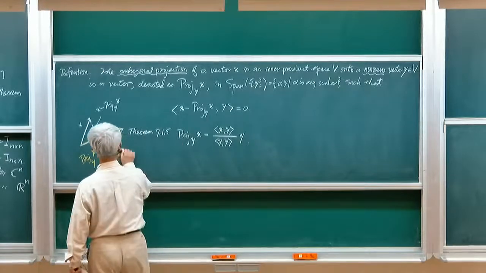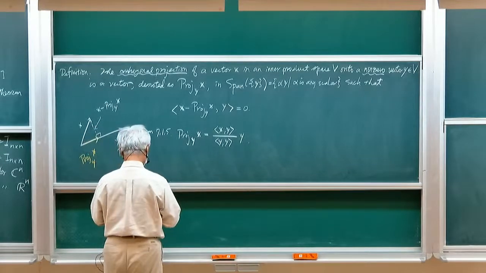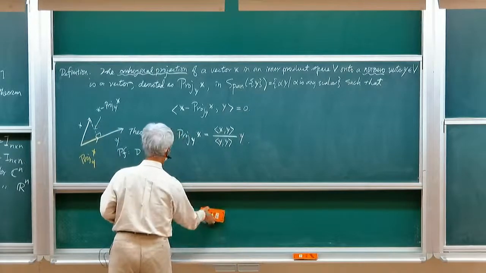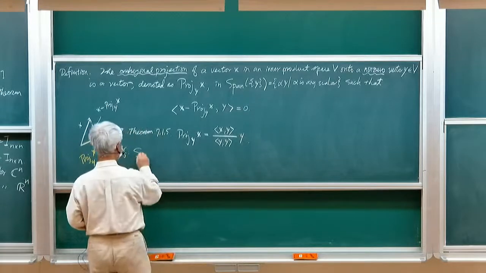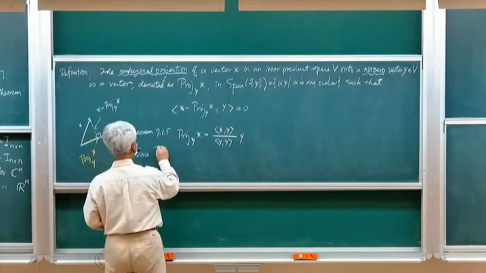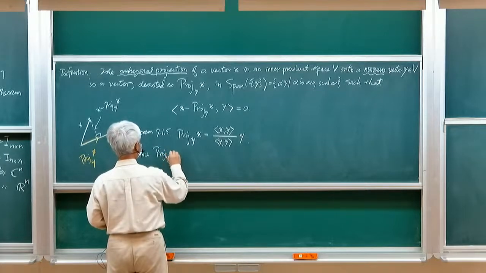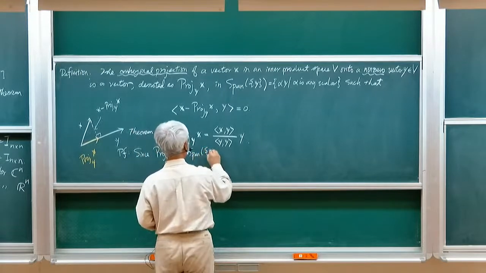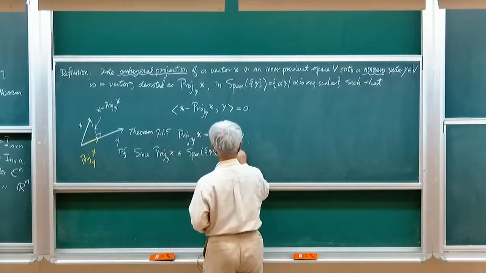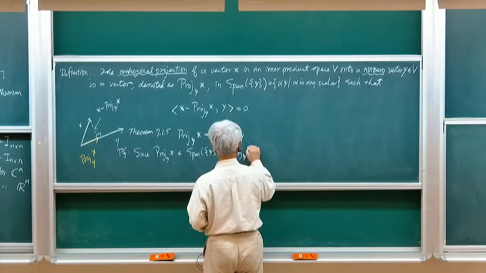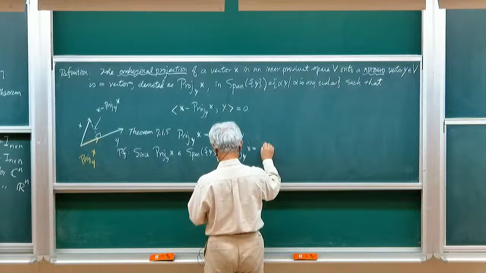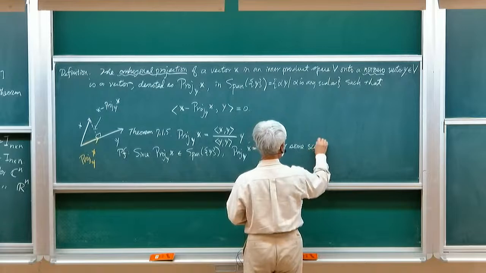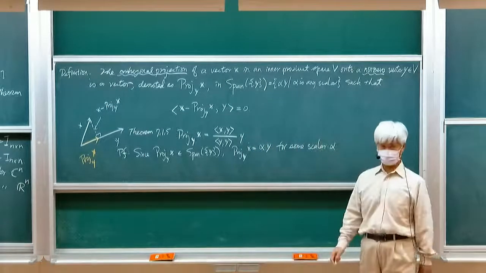All right, so now we have the proof. By definition, the orthogonal projection is in the span of the y vector, so the projection should be equal to alpha y for some scalar.